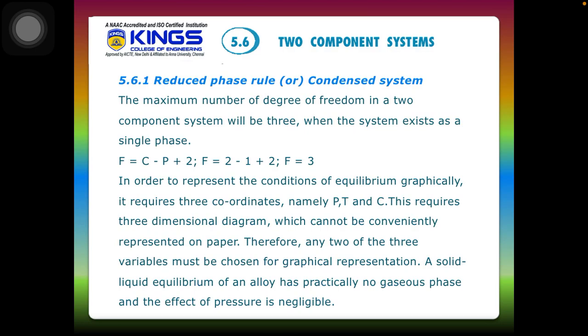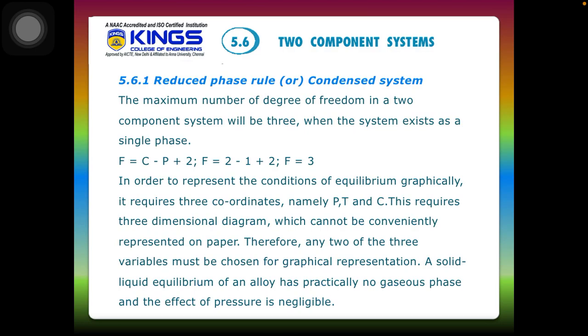So in order to represent the conditions of equilibrium graphically, it requires 3 coordinates, namely pressure, temperature and composition. This requires a 3-dimensional diagram which cannot be conveniently represented on paper. Therefore, any two of the 3 variables must be chosen for the graphical representation.